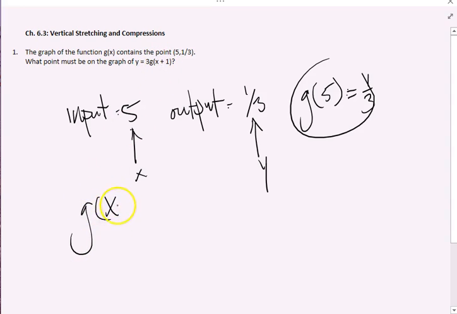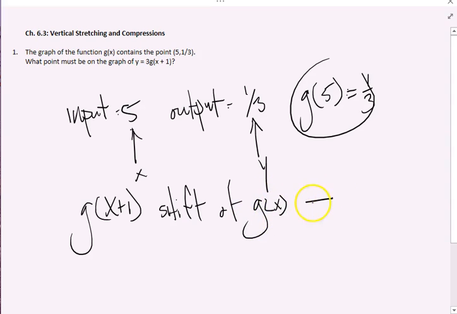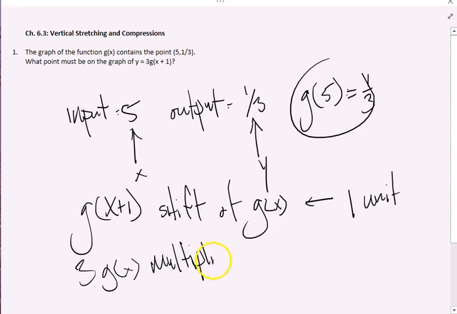So g of x plus 1 is a shift of g of x to the left 1 unit, and 3 times g of x multiplies the outputs by 3.